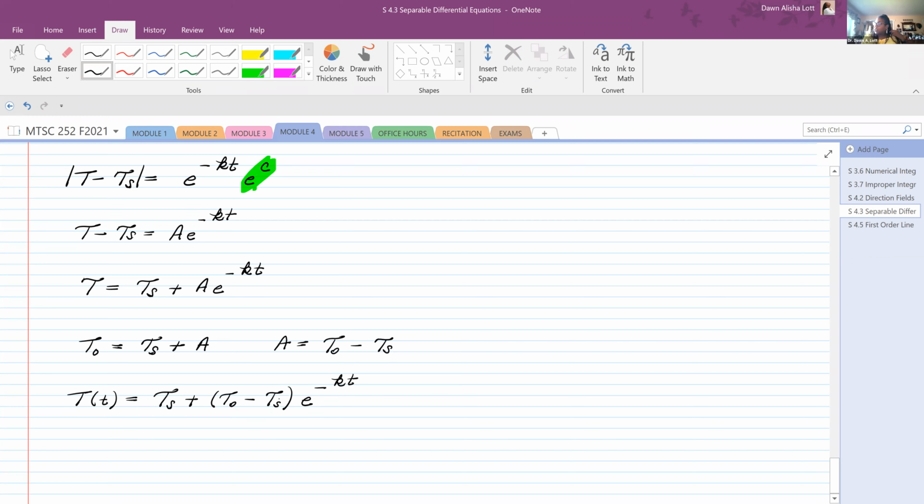And as t goes to infinity, the exponential goes to 0, and eventually the temperature becomes the temperature of the surrounding medium.